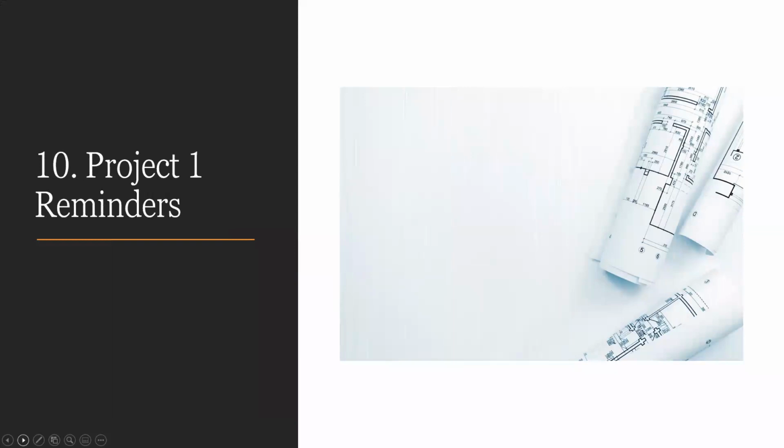So project 1, a reminder if you didn't look at the syllabus or you're still kind of confused, it starts with an outline, and we're going to finish that at the end of this week. Then for week 2, we move into rough draft stage, and peer review for week 3, and week 3 ends with you submitting the final draft.